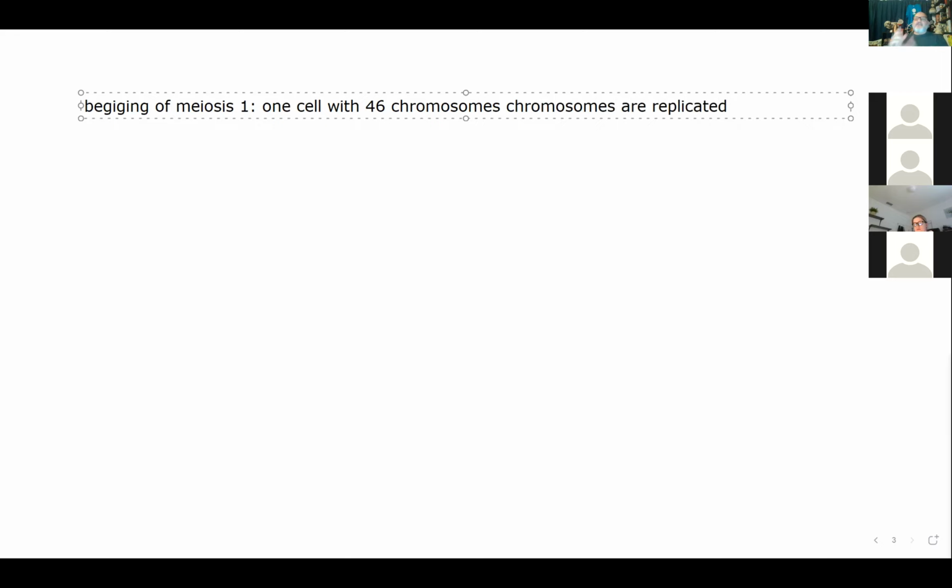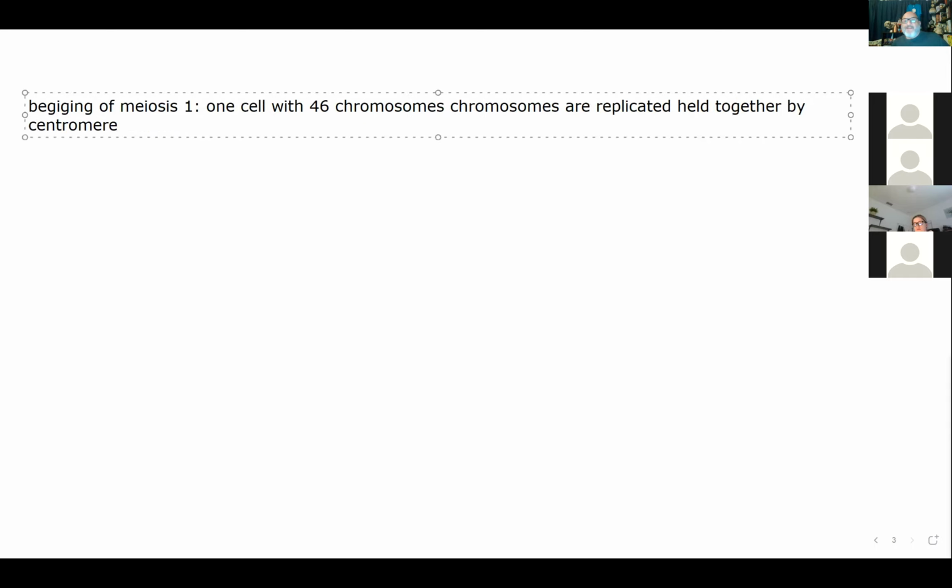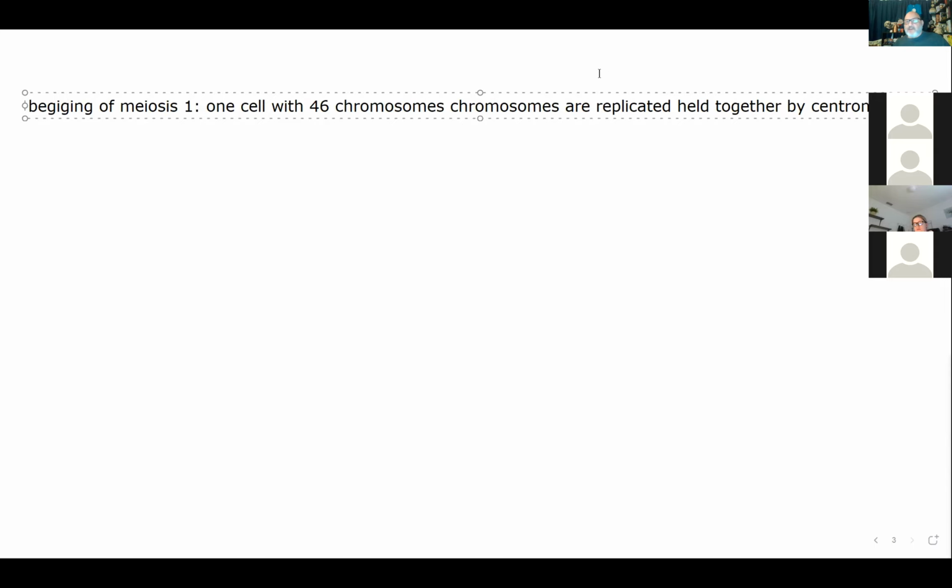We have 2 copies that are held together by the centromere. And remember, this is also the beginning of mitosis. This is how mitosis begins as well. So really at that part, it's no different.